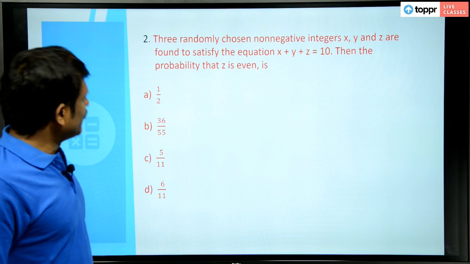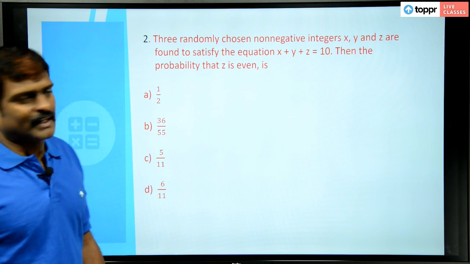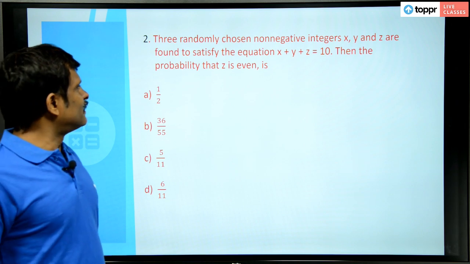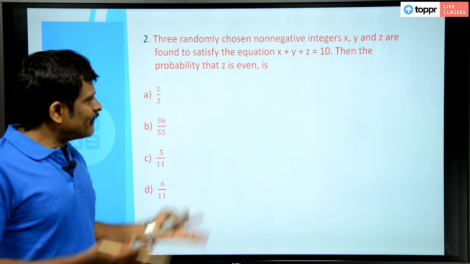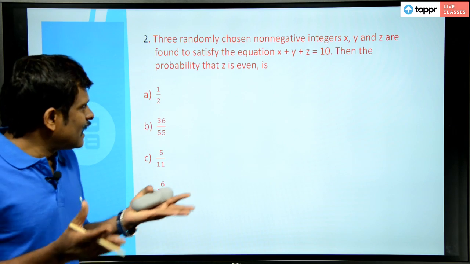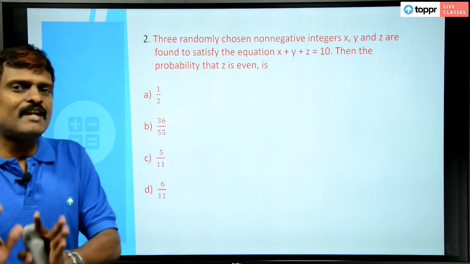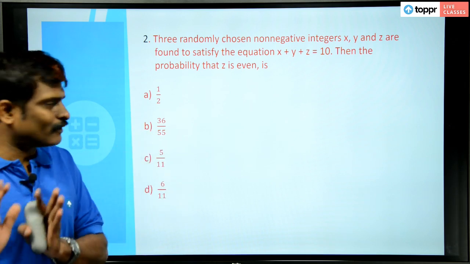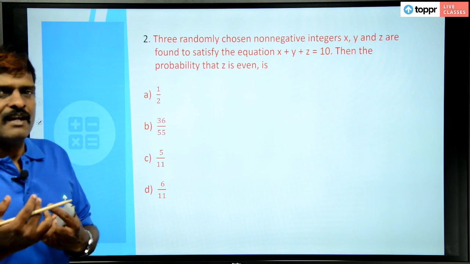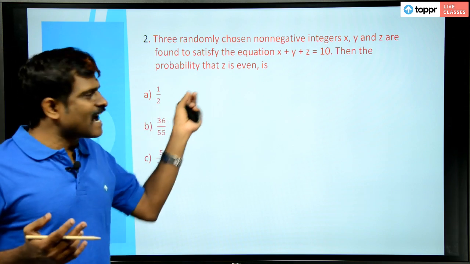are found to satisfy the equation x plus y plus z is equal to 10, then the probability that z is even is. So, in this when you have these numbers and the sum of these numbers should be equal to 10, it is not more than 10, it is exactly equal to 10, then what is the probability of having z as an even number.